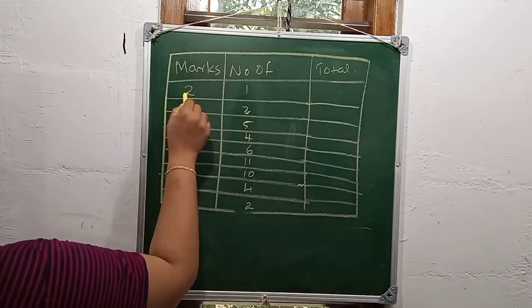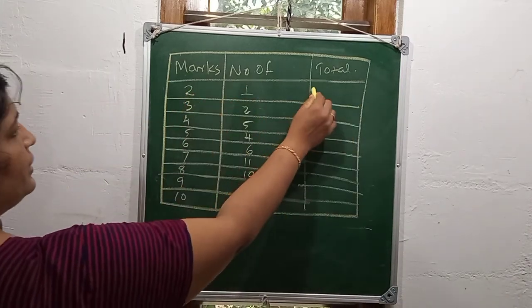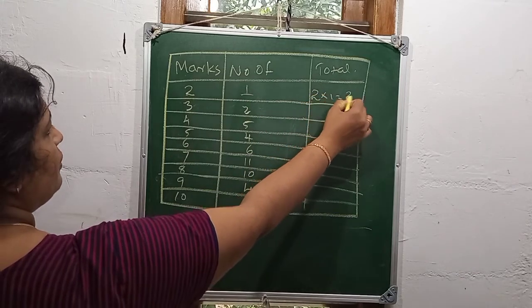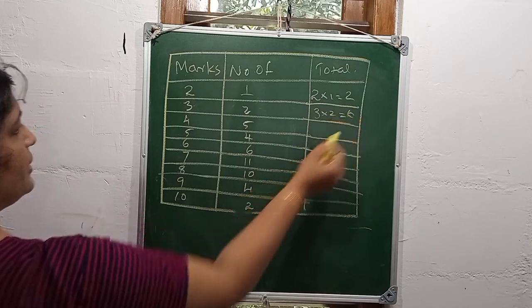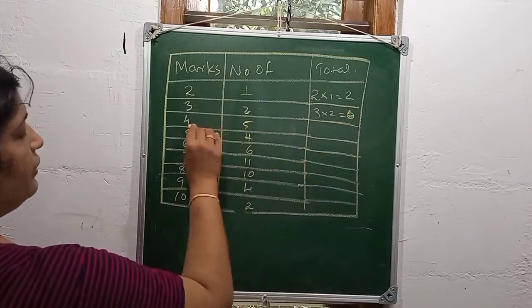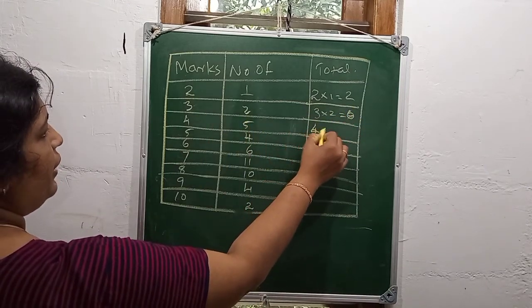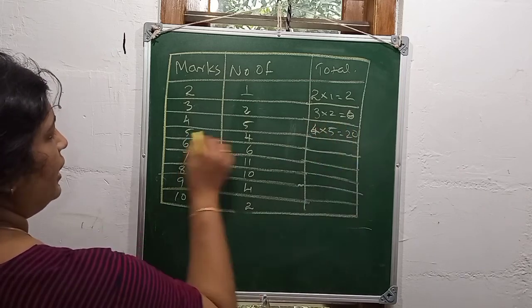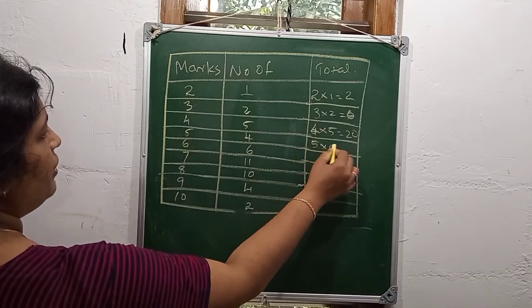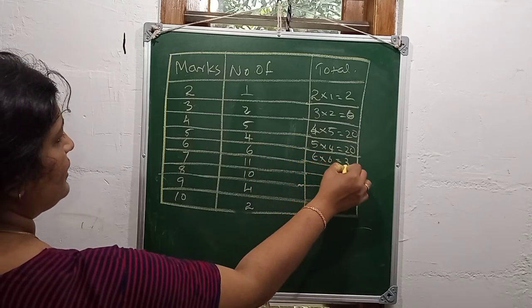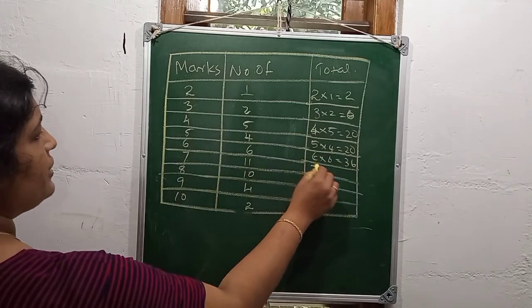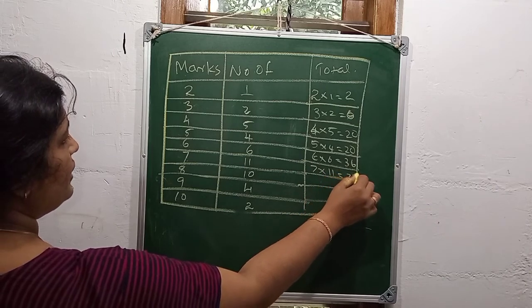One child got 2 marks, so 2 into 1 is equal to 2. Then 3 into 2 is equal to 6. Then 4 into 5 is equal to 20. Then 5 into 4 is also equal to 20. Then 6 into 6 is equal to 36. Then 7 into 11 is equal to 77.